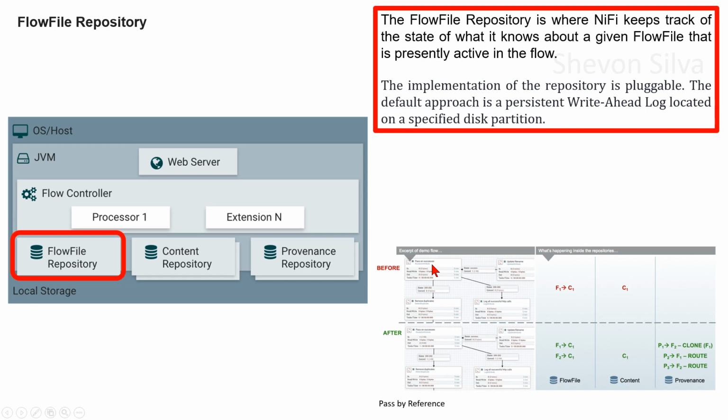Coming into the RouteOnAttribute processor, there is a flowfile F1 that contains the status code attribute and points to the content C1.